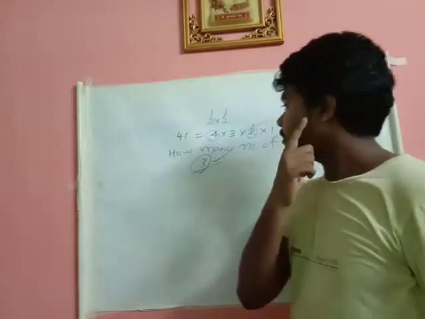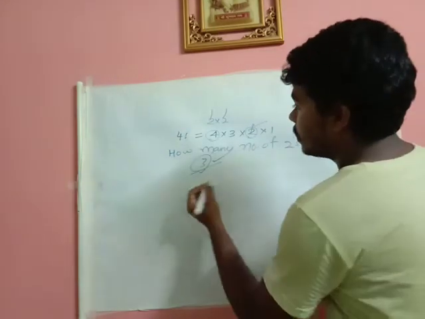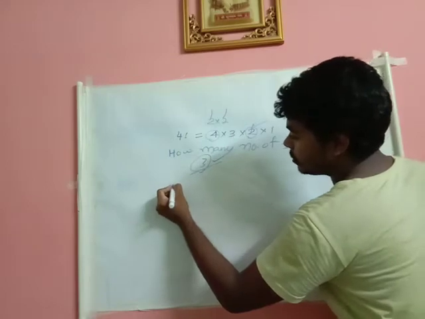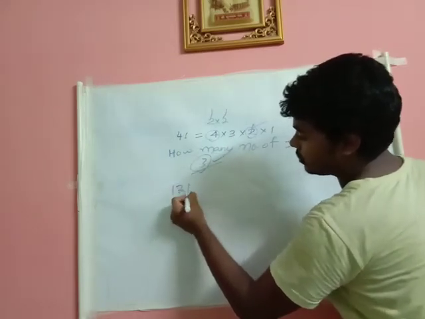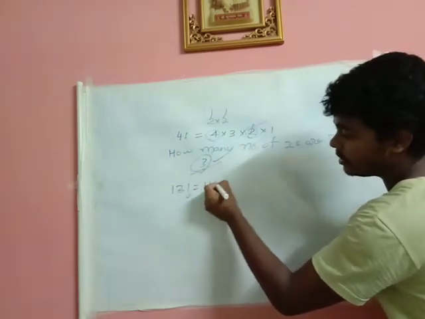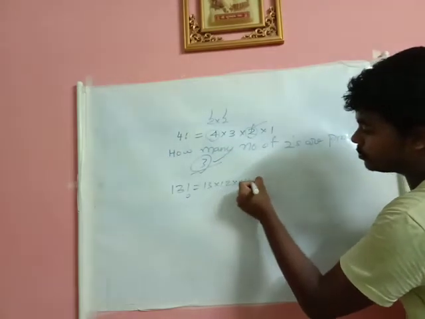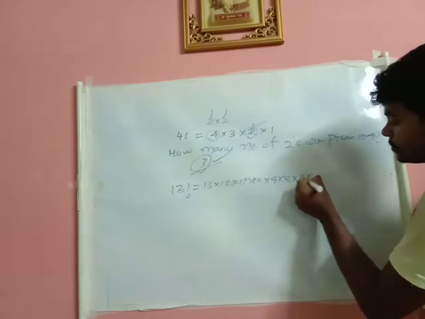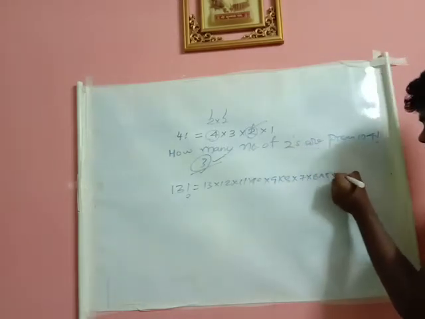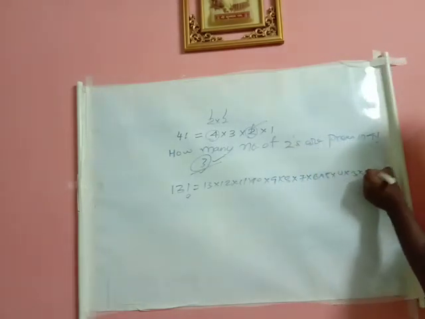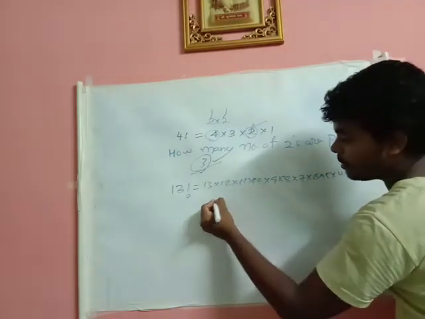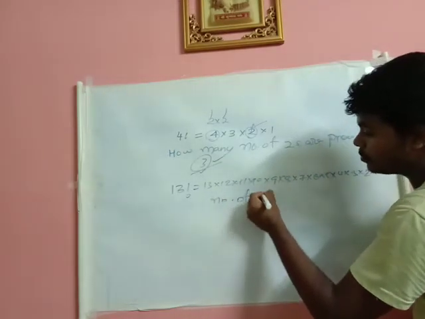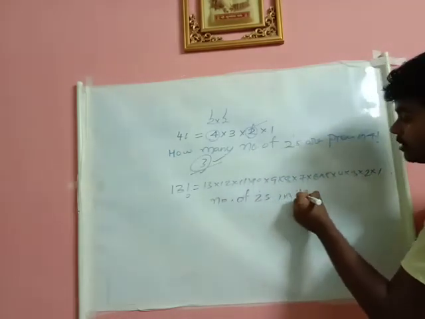But coming to 13 factorial. 13 factorial is written as 13 into 12 into 11 into 10 into 9 into 8 into 7 into 6 into 5 into 4 into 3 into 2 into 1. Now my question is: find the number of 2's in 13 factorial.